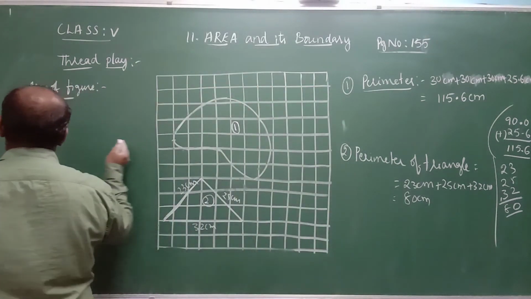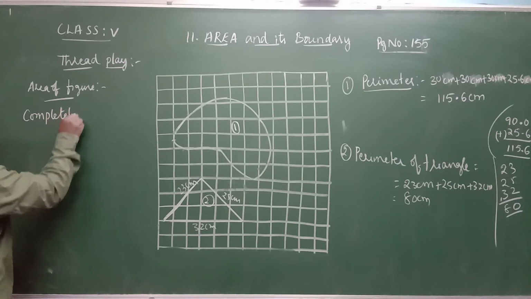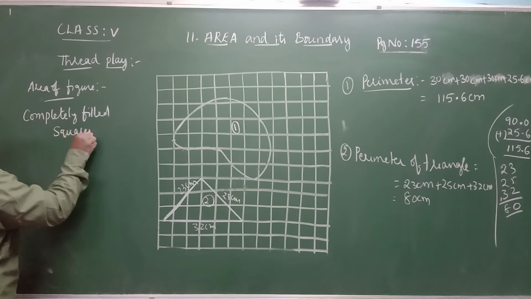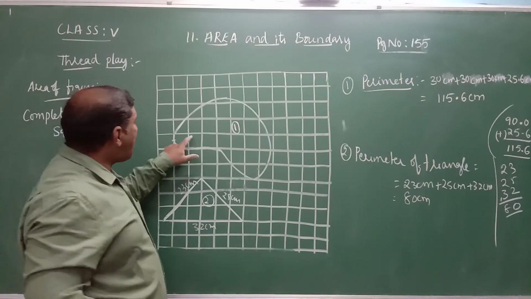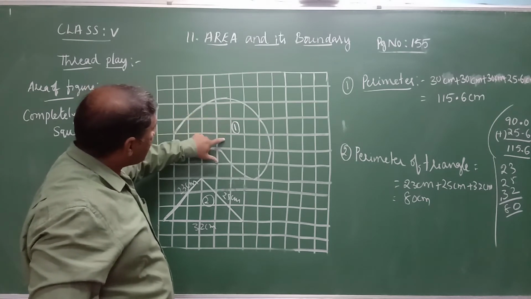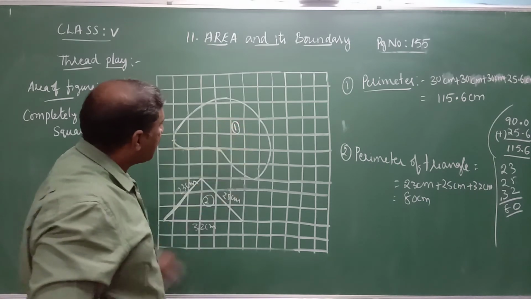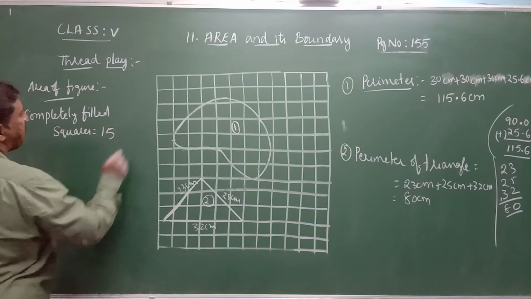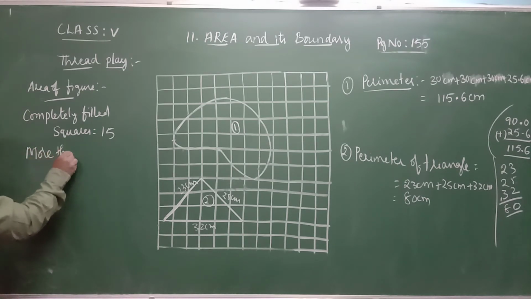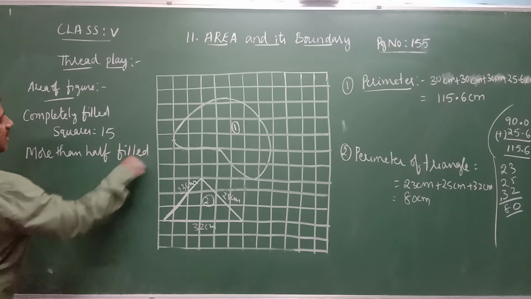First you find the completely filled squares. How many completely filled squares are there? Count: 1, 2, 3, 4, 5, 6, 7, 8, 9, 10, 11, 12, 13, 14, 15. 15 squares are completely covered. Next, more than half filled squares.